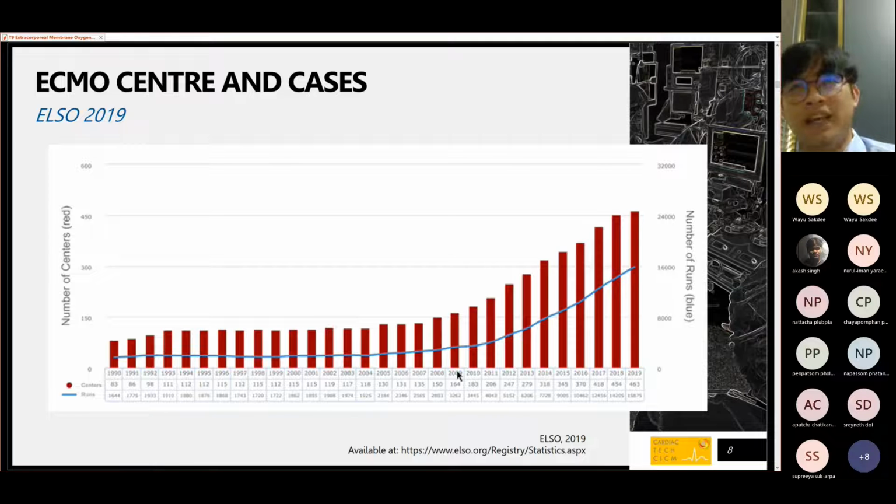That caused ECMO use to rise in many countries around the world. After that, it kept increasing every year, and I believe if they show the next bar graph, it's going to be higher than this. Okay.